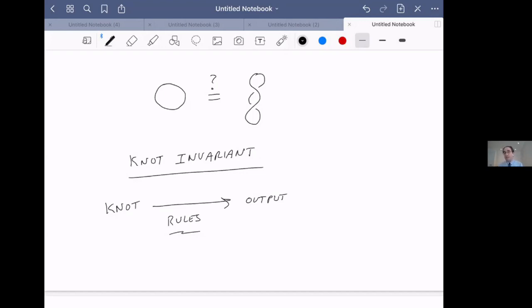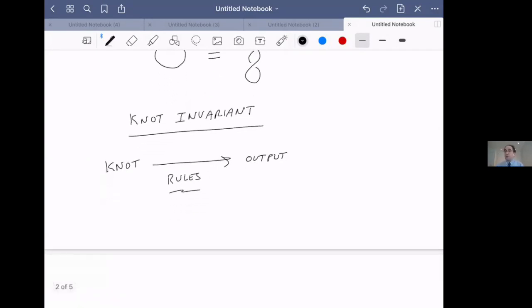So you can imagine why it is that having at your disposal knot invariant sets of rules with this property is going to be very useful in distinguishing knots from each other and in building this periodic table of the knots.